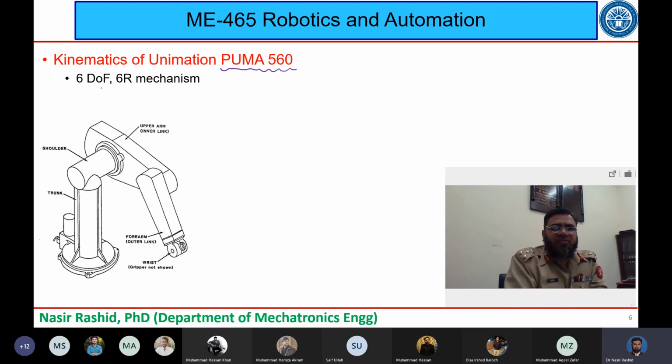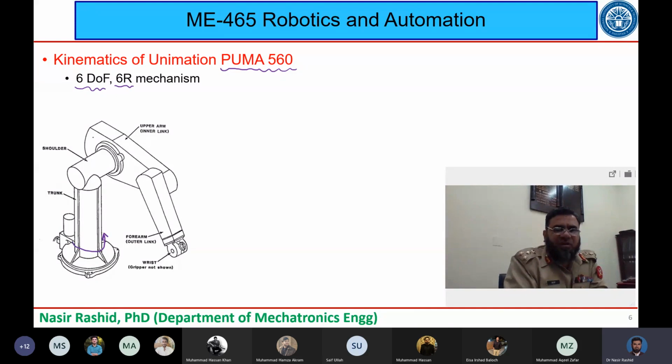The Puma 560 is a 6 degree of freedom robot with all revolute joints. If I see here, we have a joint here which can rotate. We have a joint here which can rotate like this.